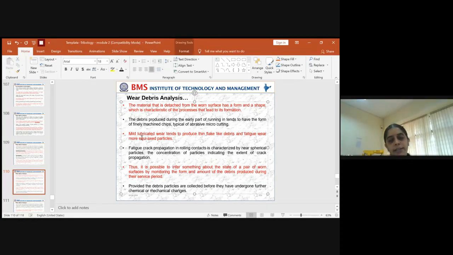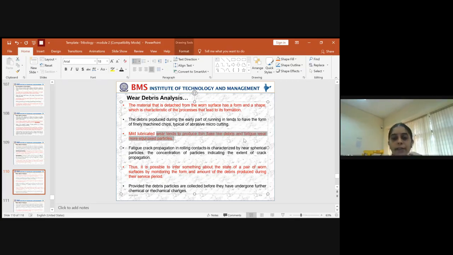And the next thing is, it also depends upon the lubricant layer, the thickness of the lubricant you are using. Suppose you are using a mild lubricant, a lubricant film of medium thickness or a very thin layer, then the wear formed might produce very thin flake-like debris and fatigue wear.